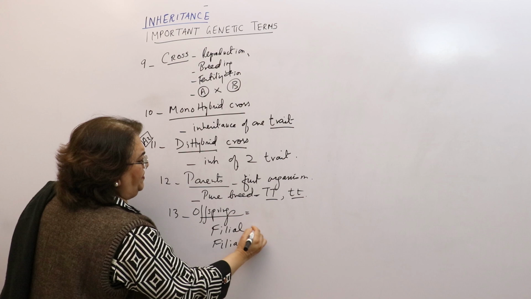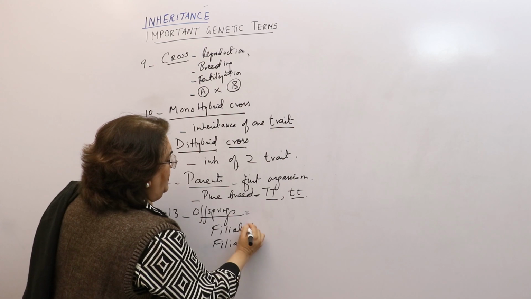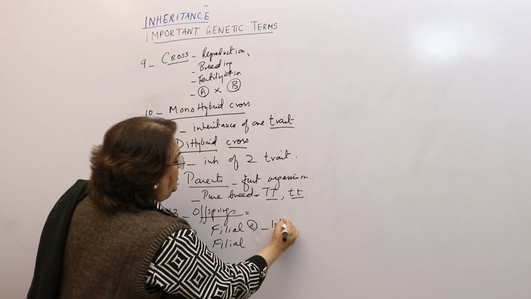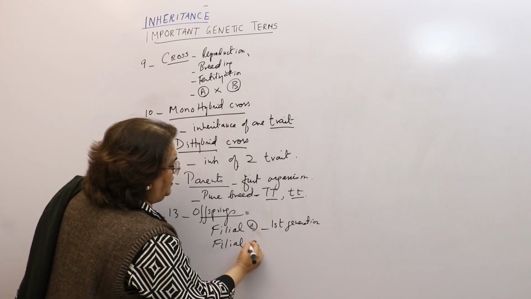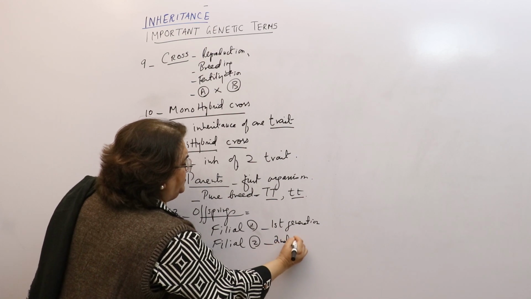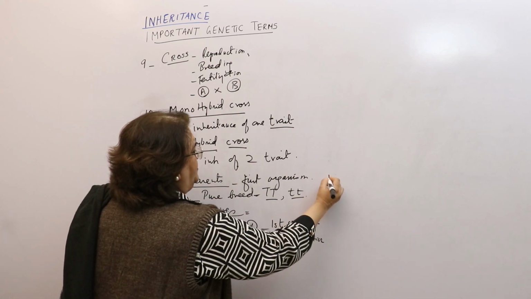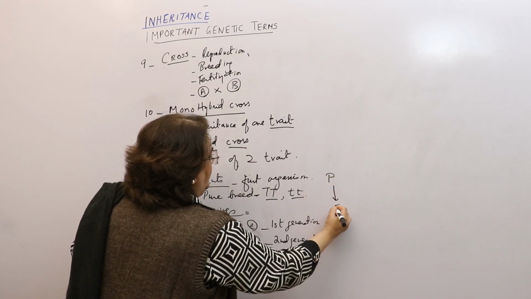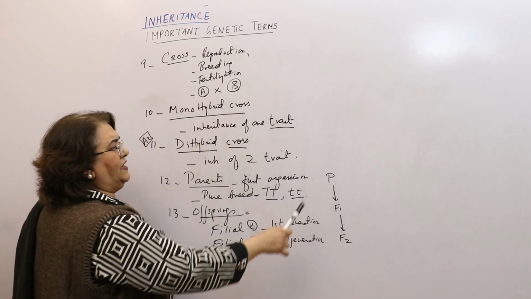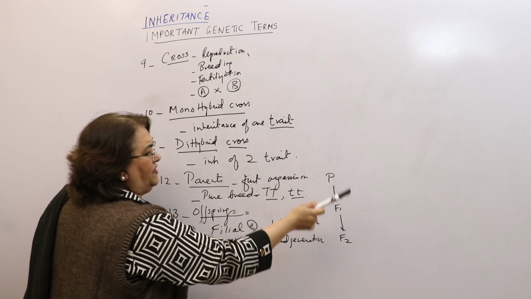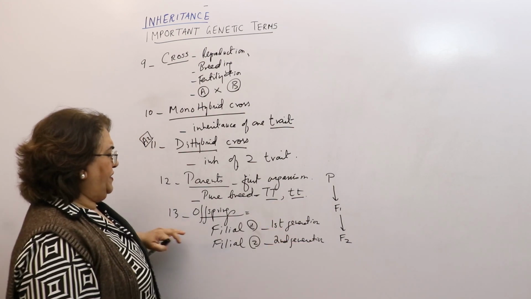The word filial means a son or daughter, or children. Filial 1 would be the first generation after the parent generation, and filial 2 the second generation. For example, if these are the parents and they cross, you get F1, and when F1 is crossed with F1, we get F2. So these are three generations, for example, grandfather, son, and grandson, right?